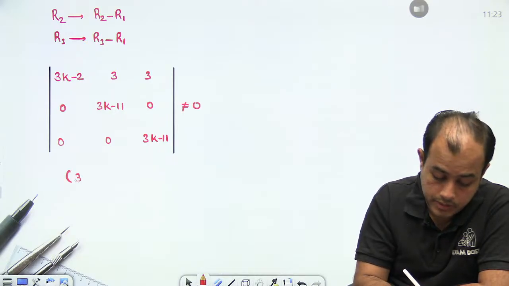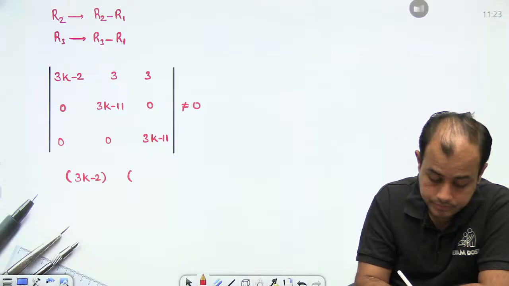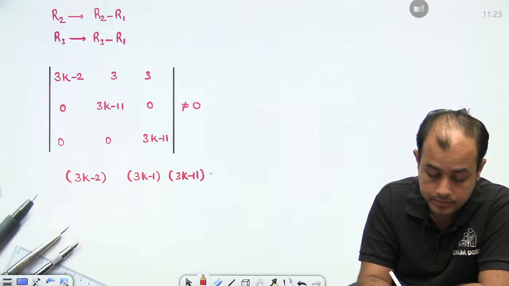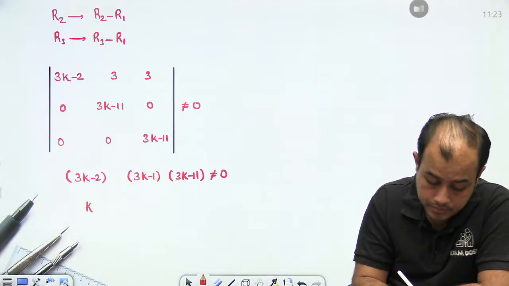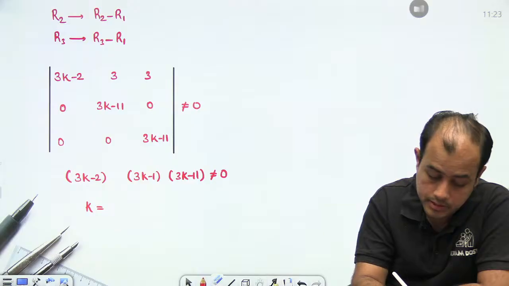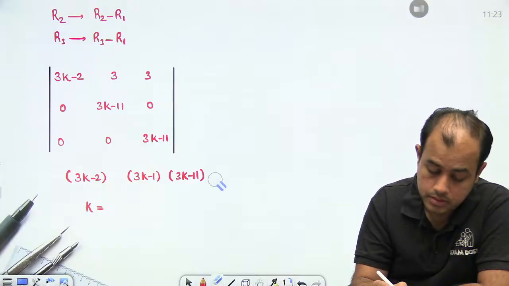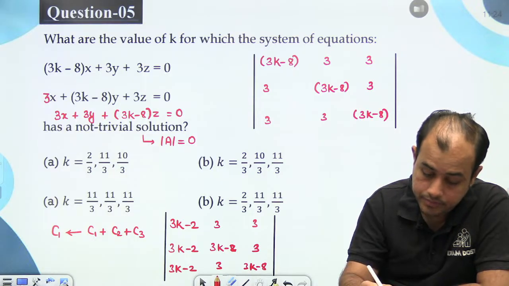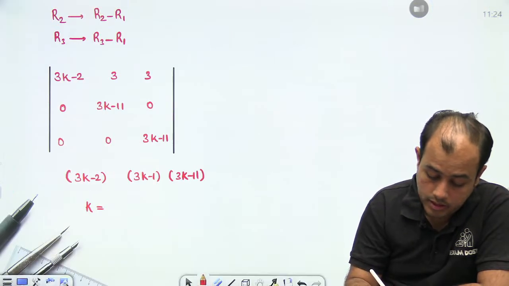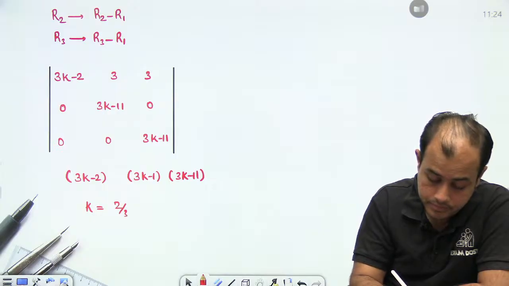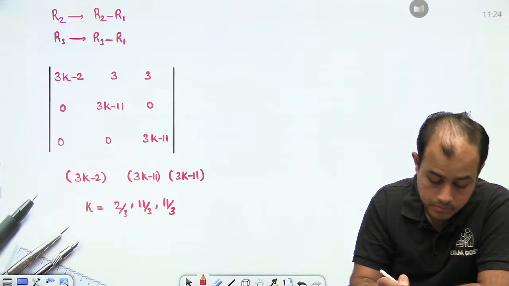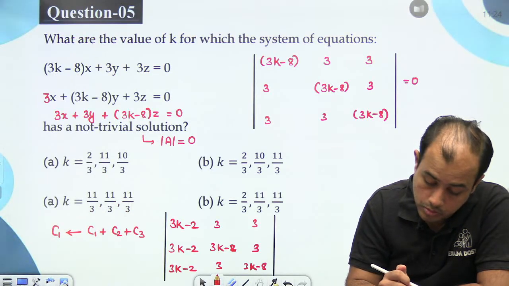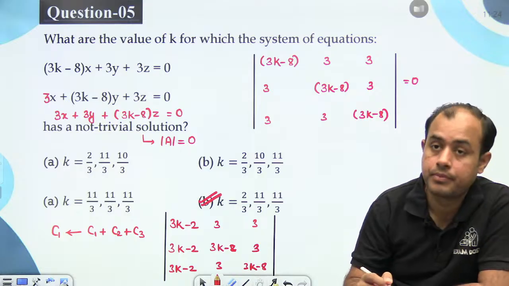So determinant will be like this. So the determinant must be 0, not non-zero. डिटर्मिनेंट 0 आना चाहिए भाई, मैंने यहाँ नॉन जीरो कर दिया, डिटर्मिनेंट 0 आना चाहिए. 2/3, 11/3, 11/3.